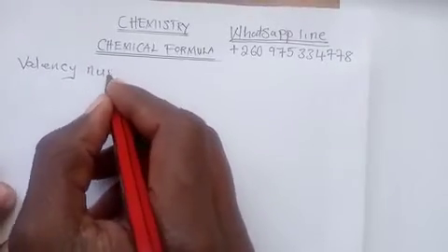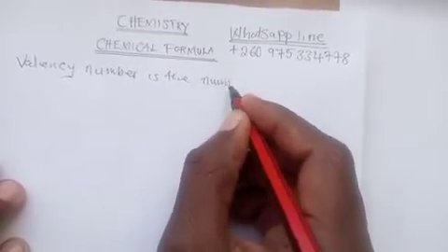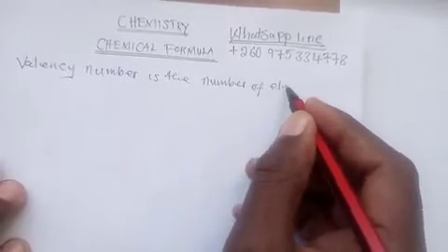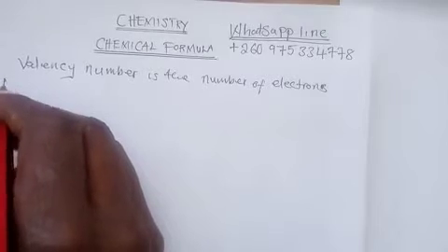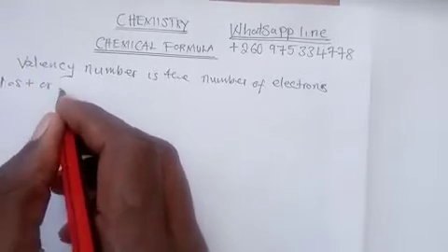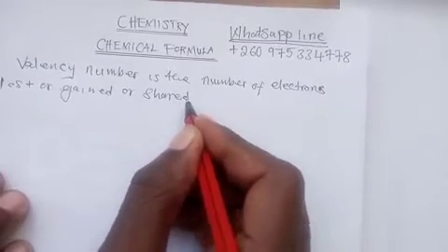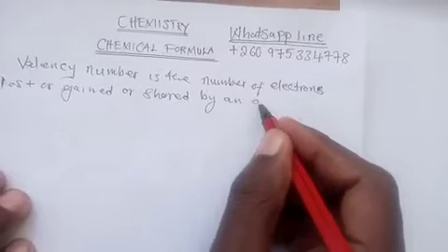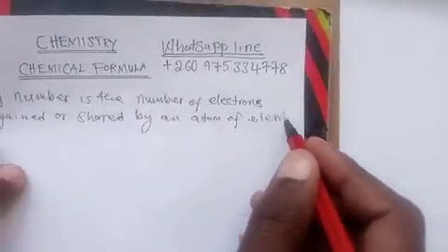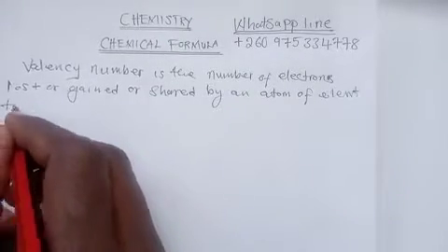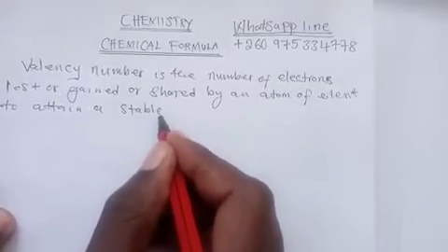So we are saying that a valence number is the number of electrons lost, or gained, or shared by an atom of element to attain a stable structure.